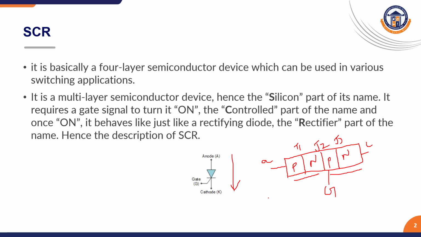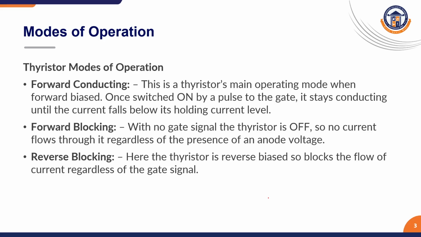So here it operates in three modes: the reverse blocking mode, the forward blocking mode, and the forward conducting mode. In the reverse blocking mode, when cathode is made positive with respect to anode with the switch open, the SCR is reverse biased.